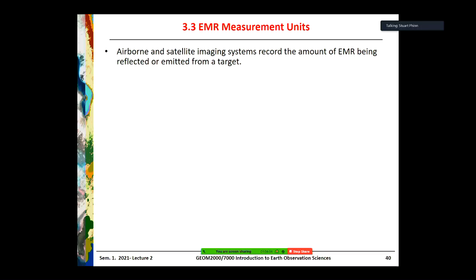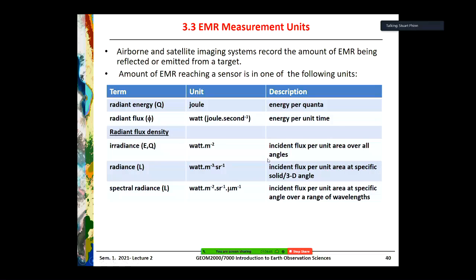The most basic unit would be how many photons are actually hitting your particular sensor. But we need to standardise that a little bit more, and there are some basic physical measurement units. We won't use these a lot this semester. They'll probably come up a lot more next semester. We introduce them now because when you read across different application areas, you'll hear people talk about different measurement units.